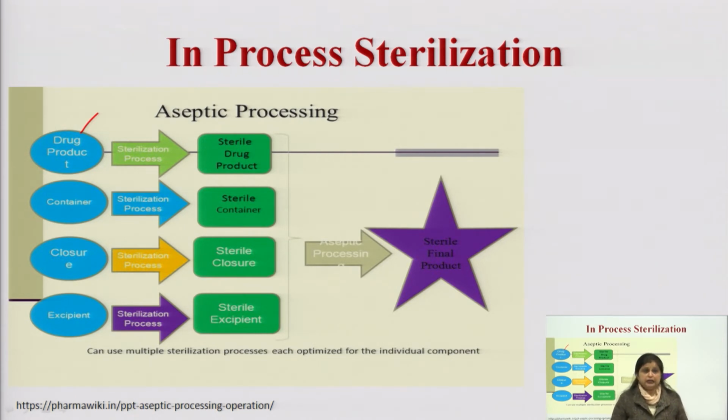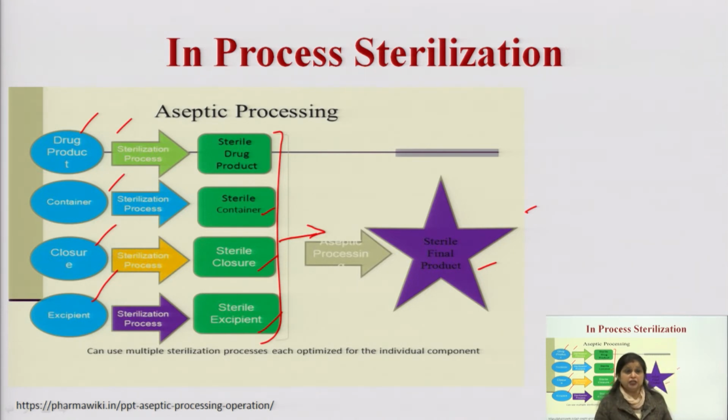The drug product may be sterilized in a different way, the container has to be sterilized in a different process, the closure has to be sterilized in a different process, the excipient needs to be sterilized in a different process, and after sterilization all the sterile drug products, sterile containers, sterile closures, sterile excipient have to be moved towards the aseptic region, and in the aseptic region they will be packed, and after packing they will be dispensed. There will be no end product sterilization in case of in process.